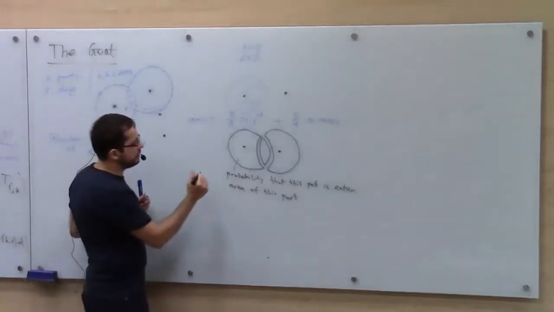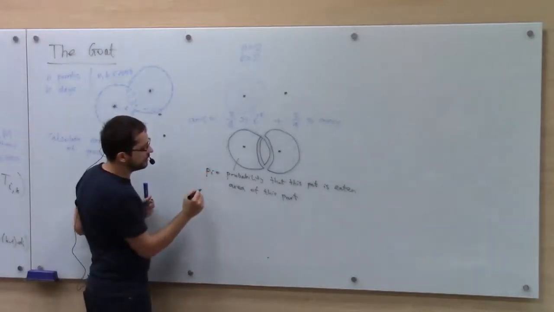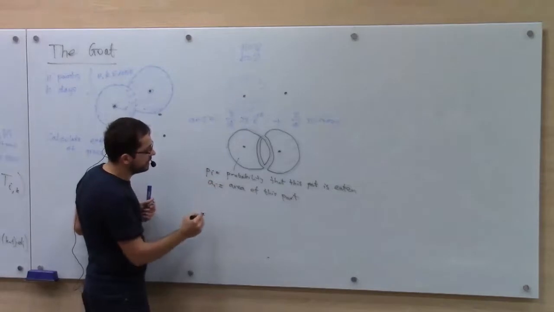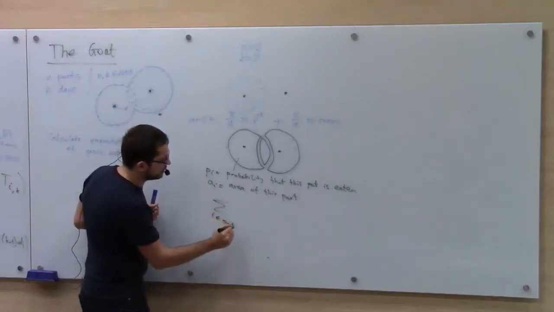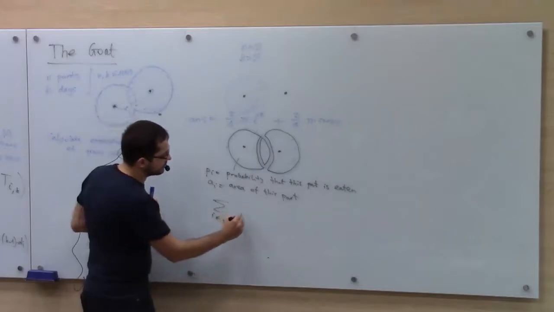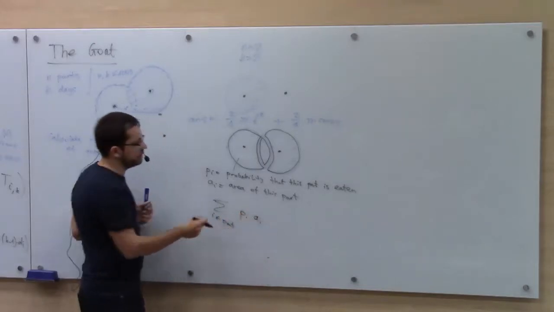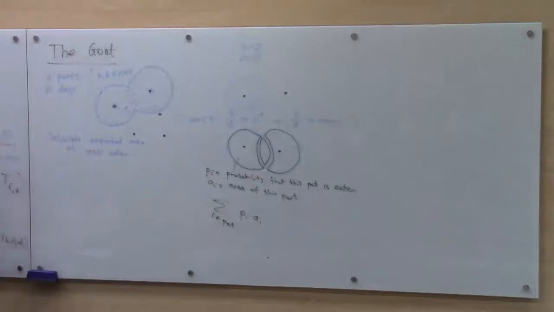If we have the probability and the area of each part, then we just sum over all the parts, multiplying the probability by the area, and that will be the answer.